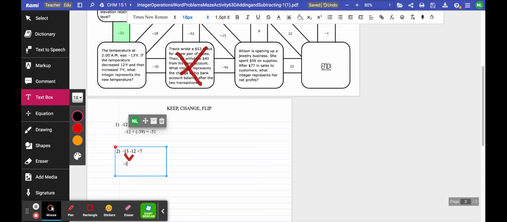So keep it, negative 13, change it to addition, and flip it from a positive 12, because remember, that's just saying minus 12. So that is a positive 12. We're now changing the 12 to a negative 12. And you can put the parentheses around it. So right now, we can solve that by saying negative 13 plus negative 12 equals what?